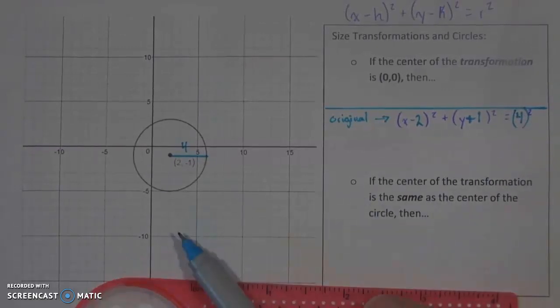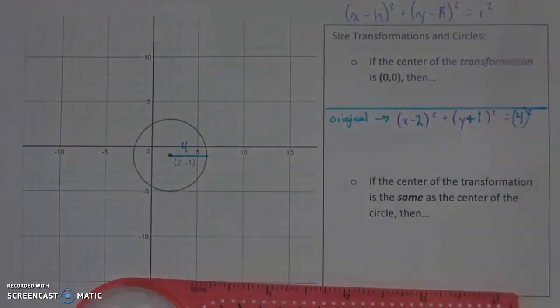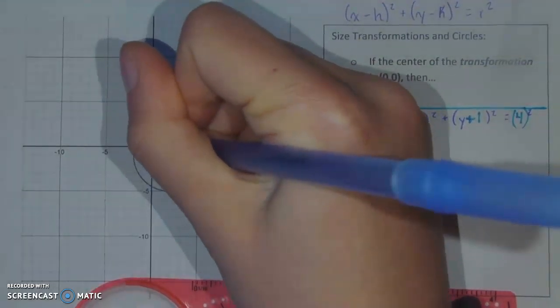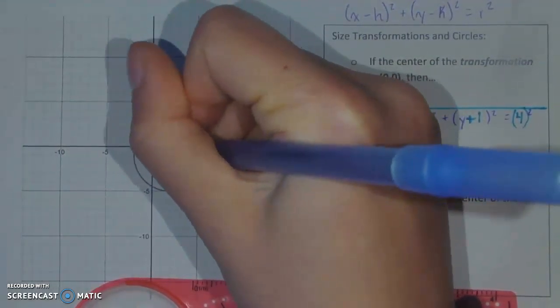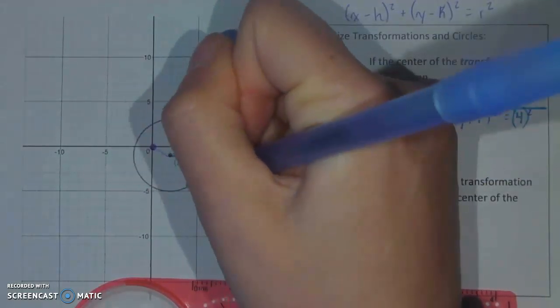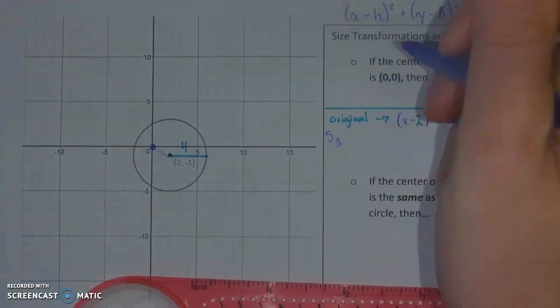Okay, so now let's do a size change like we would normally do a size change. The center of my transformation is (0, 0). That means every point that used to be this far away is going to get changed by whatever magnitude I pick. And let's do a size change of 3.